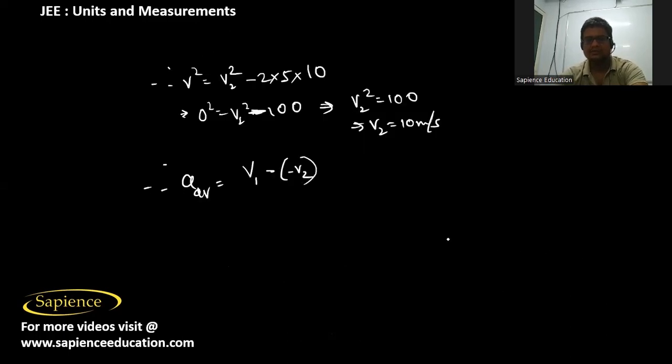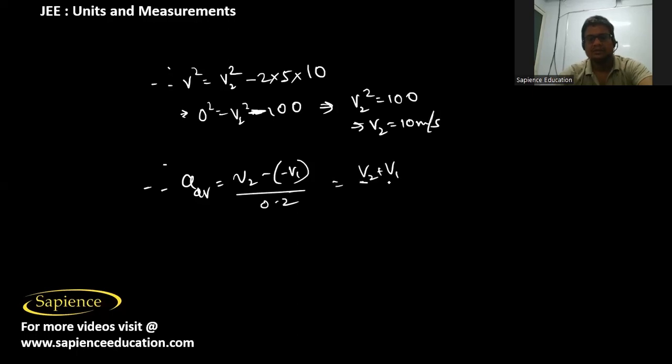So if we do v final minus v initial, then we will have v2 minus of minus v1 by 0.2 seconds. So v2 plus v1 by 0.2 seconds. So that will be equal to v2 is 10 plus 14 by 0.2, this much meter per second square.